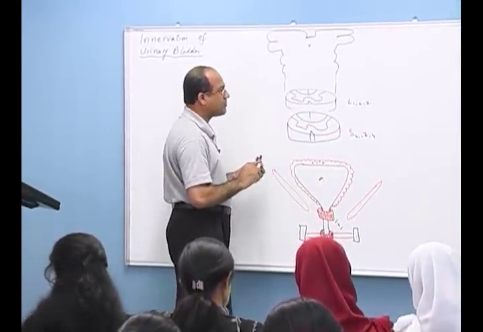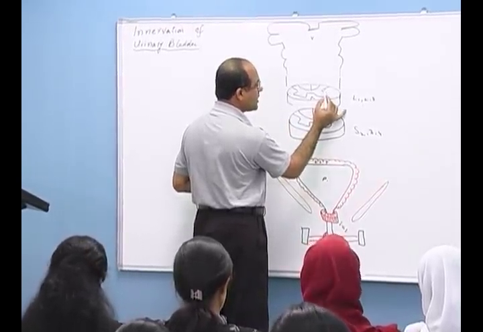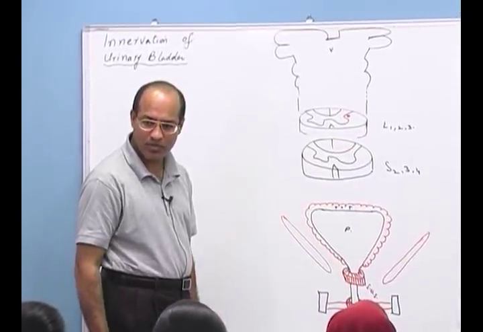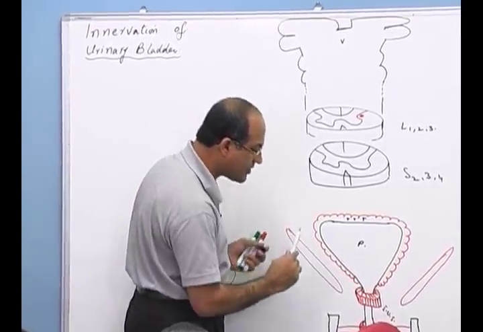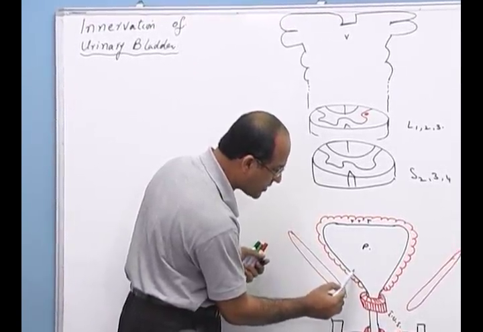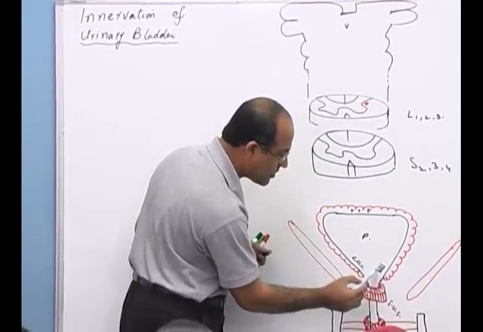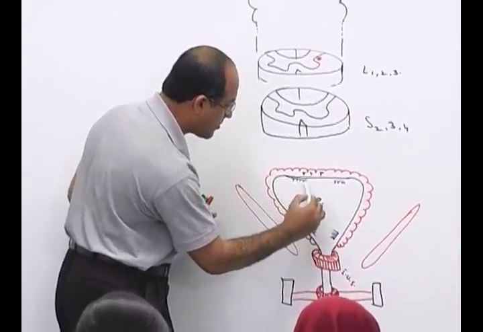Right? Now, in the L1, L2 or L3 level, there is sympathetic outflow from the lateral horn. All of you know that. Before that, I will tell you there are some sensations which are taken up from the trigone, and there are sensations which are taken up from the body.